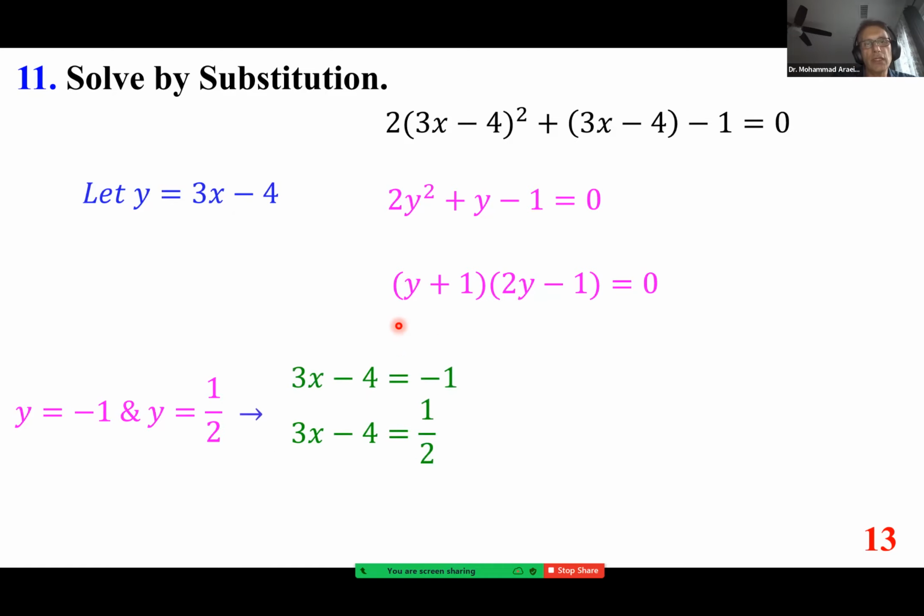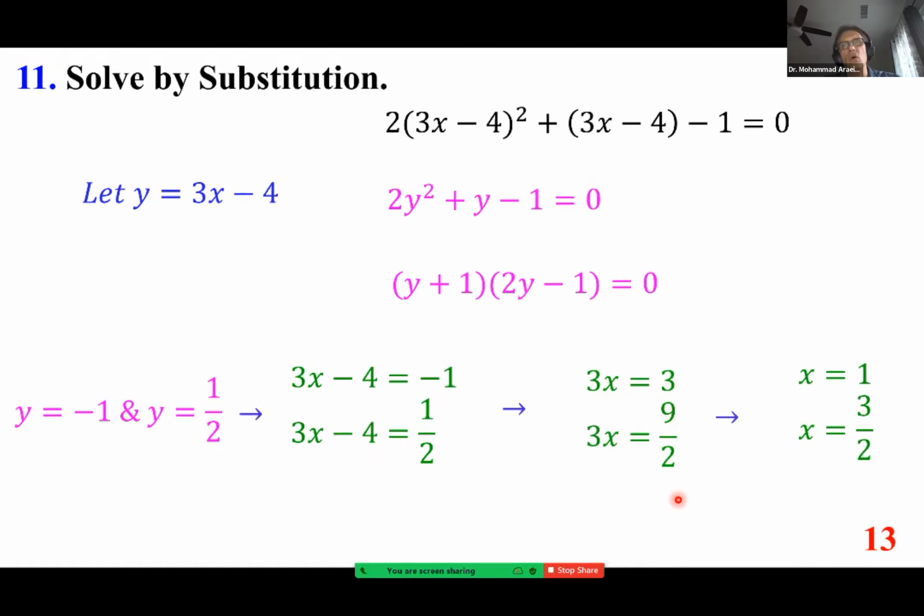If we move the negative 4, 3x becomes 3. If you move the negative 4, positive 4, that means 4.5 or 9/2. So this gives you 3, this gives you 9/2. If you divide this one by 3, you get 1. If you divide this one by 3, you get 3/2. And again, as always, you can check, at least you can check with one of them to make sure you're in good shape.